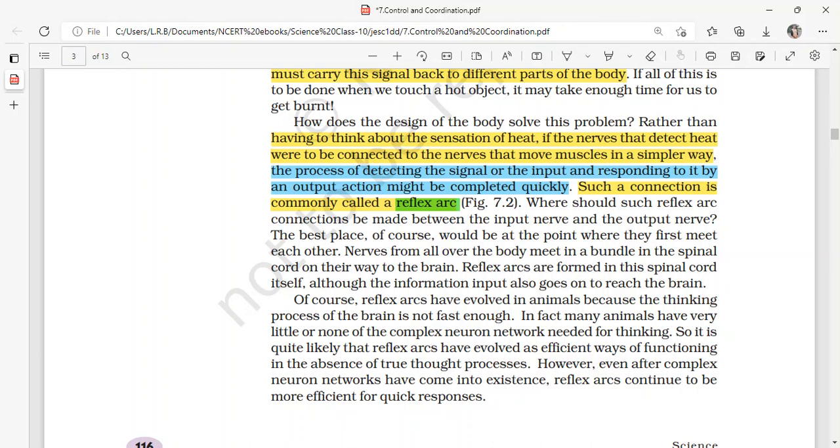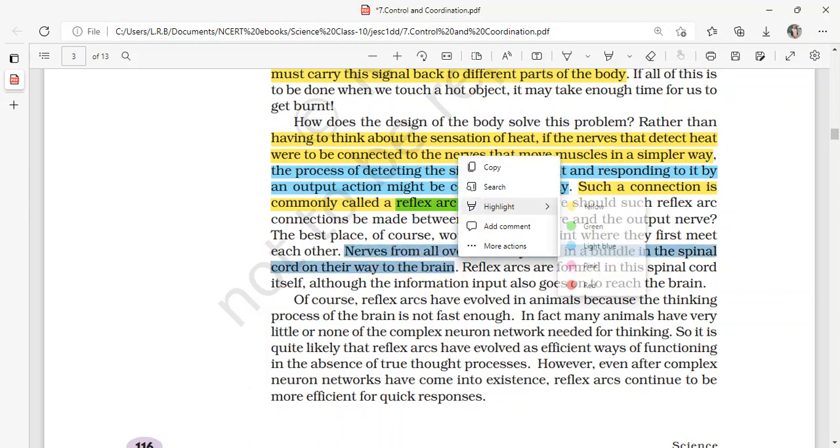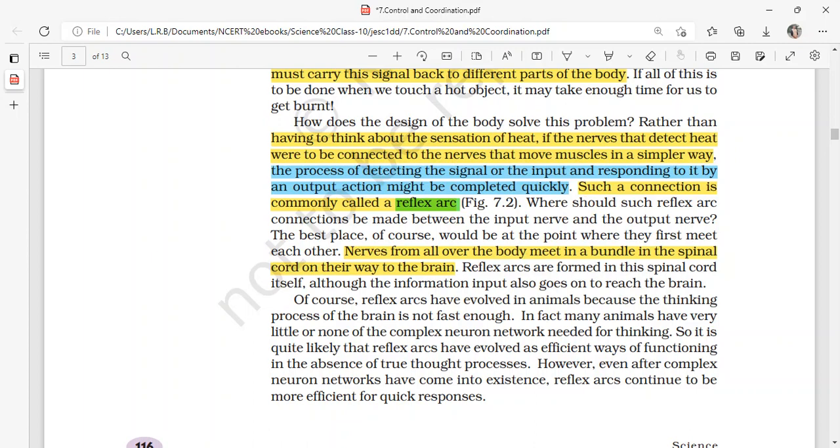So where do all the nerves meet? They meet at the bunch of nerves called the spinal cord. Reflex arcs are formed in the spinal cord itself, although the information input also goes on to reach the brain. Though the information reaches the brain, the action will be taken quickly from the reflex arc.